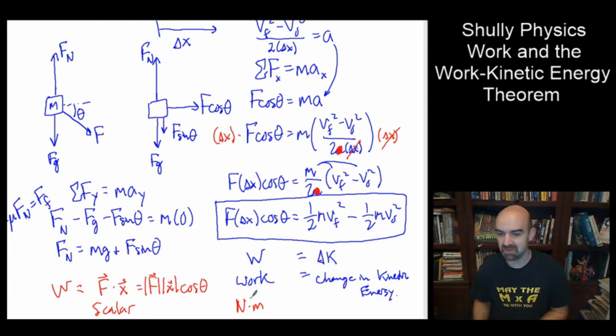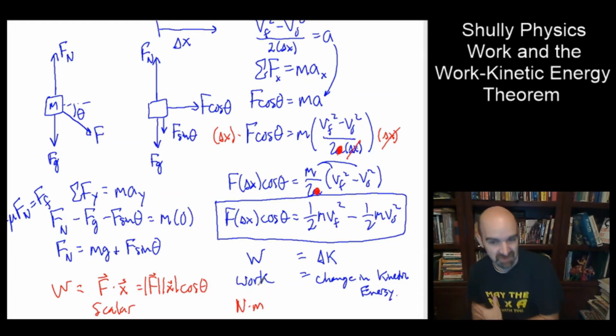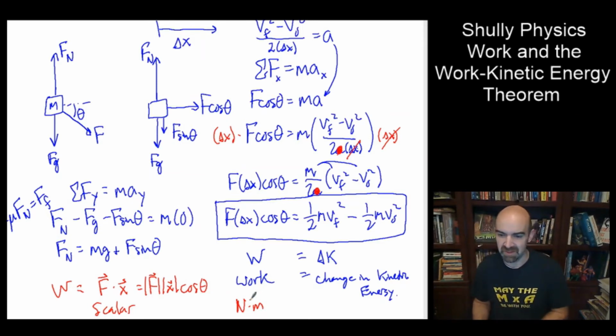That will have units of Newton meters, but that quantity is a vector, and we'll get to that one later. But this one, let's focus on this, is in Newton meters, and that's what we're going to define as the joule. That's the unit for work. It's also the unit for energy, joules. Newton meters is joules. So this is our unit for work and energy.